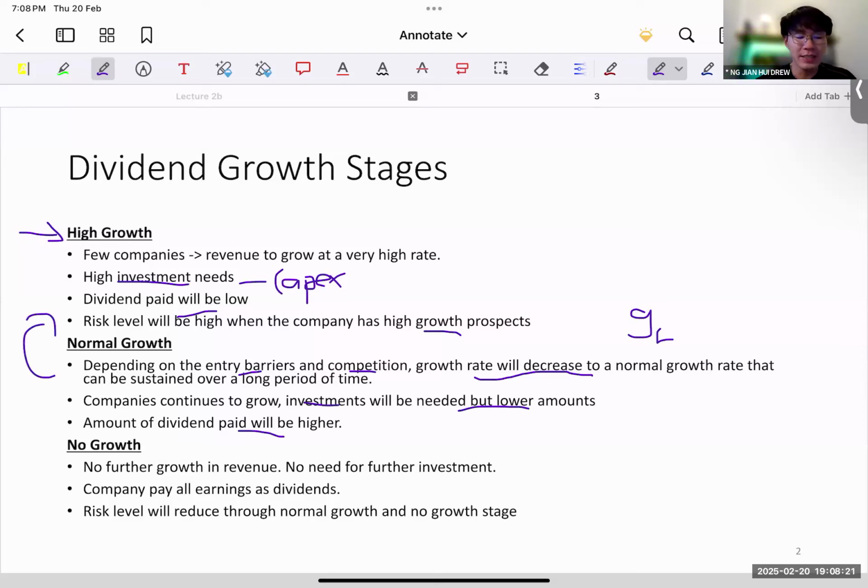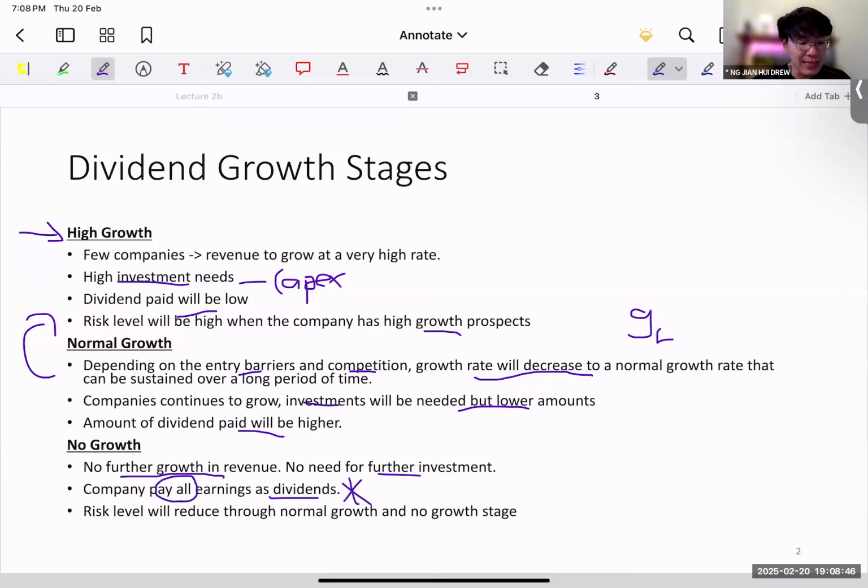Last but not least, the no growth stage. In the no growth stage, there's no further growth in your revenue, meaning there's no need for more investment. It's a stagnant stage really. Very unlikely you'll see this in real life because companies always want to grow, right? However, in a theoretical case where there's no growth, the company will pay all the earnings as dividends.